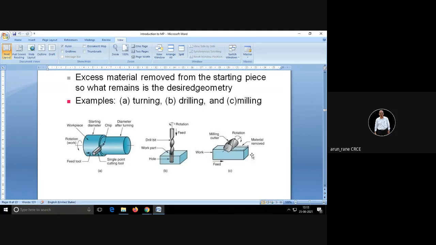But remember, in milling there are forces in the longitudinal direction as well as the transverse direction. So if you are using a drilling machine as a milling machine, then the spindle of the machine will get spoiled within a year, because only thrust bearings are used in a drilling machine. There are no taper roller bearings, no radial bearings, no ball bearings, only thrust bearings.